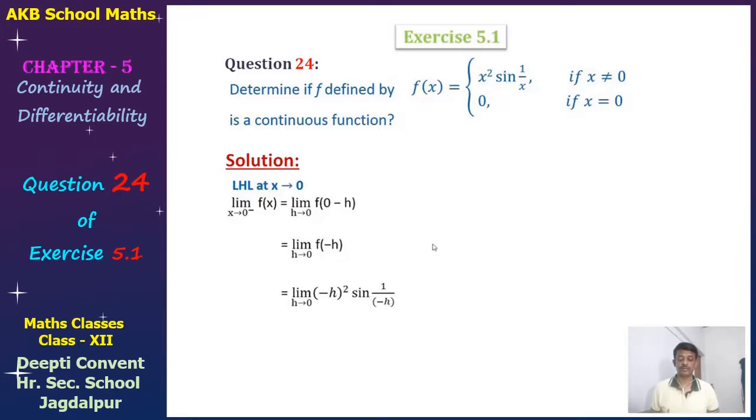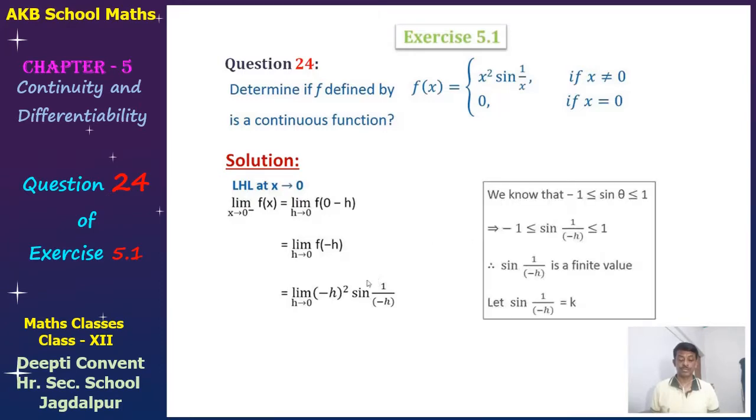Okay, now sine of minus 1 upon h is a fixed quantity. How? We know that sine theta lies between minus 1 and plus 1. That's why sine of, in place of theta, 1 upon minus h, also lies between minus 1 and 1.